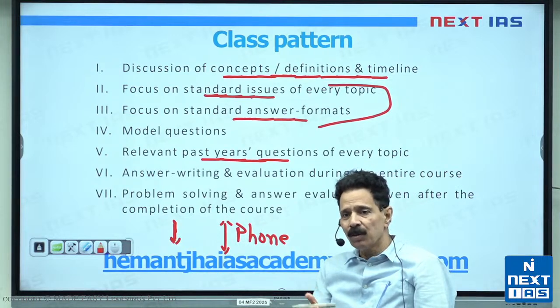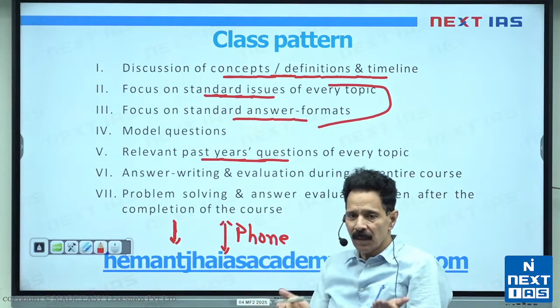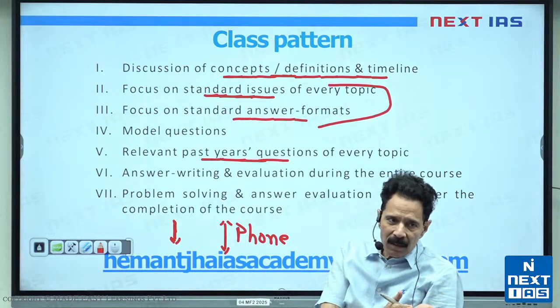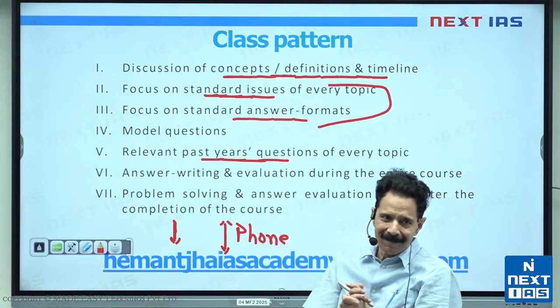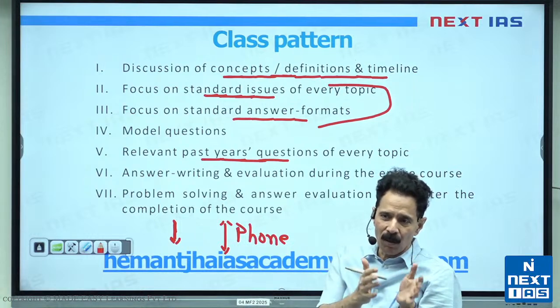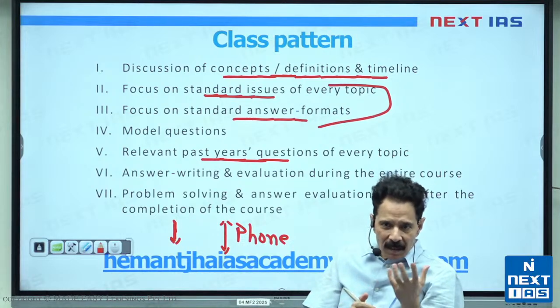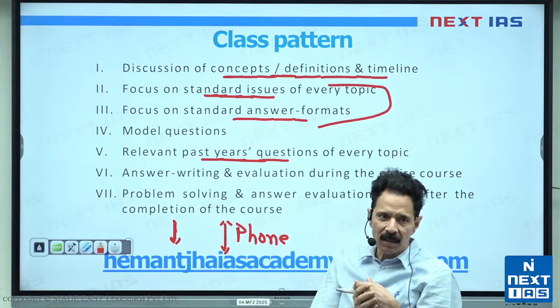Because most of the questions would be out of your reach. You have studied mango, you have studied banana. The question is cauliflower. Getting my point? Yes. You have studied lion and tiger. The question is rat. This is the basic problem people are facing in all optional and GS today.